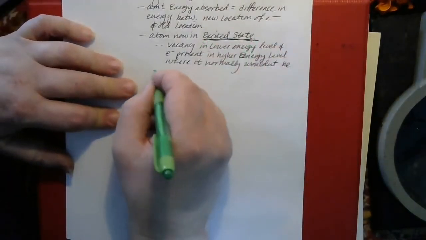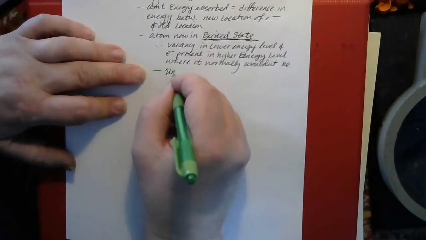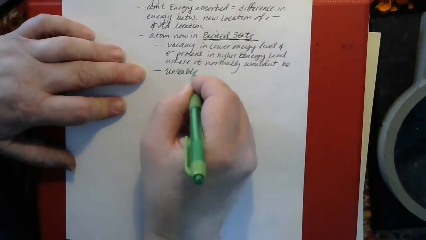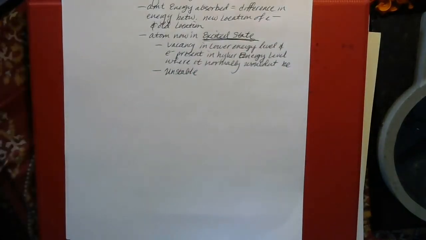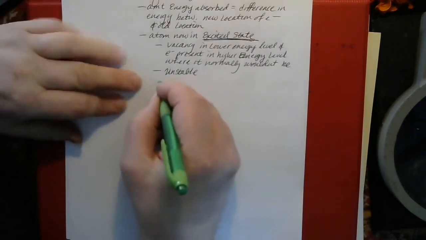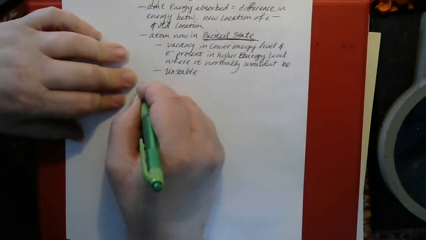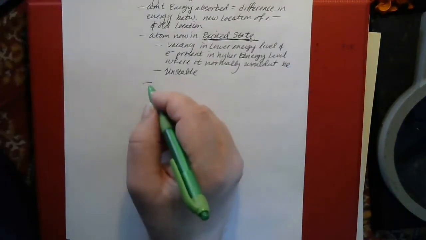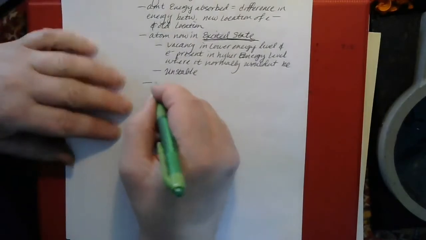As the name excited state implies, this is an unstable situation. It's a higher energy situation than you would normally have for that element. And what happens is the electron will usually quickly fall to a lower energy position.